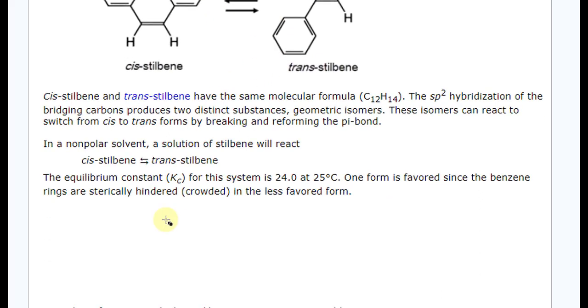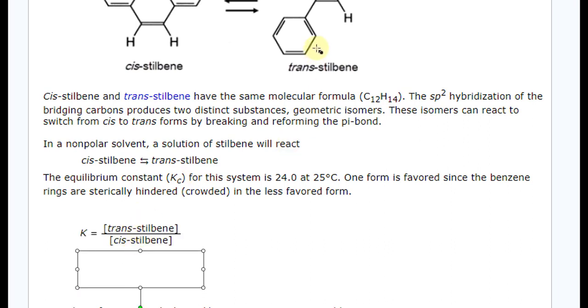If you look at the equilibrium expression, we always have products, the trans in this reaction, above the reactants. That's our arrangement. We know the equilibrium constant is 24, so there's going to be 24 times more trans-stilbene than cis-stilbene in this.